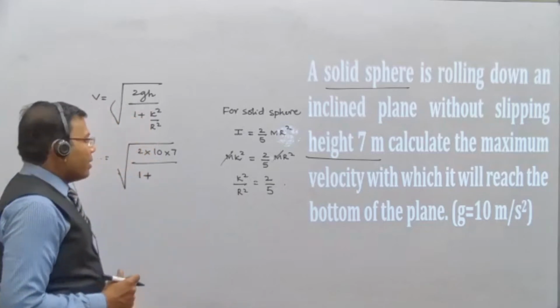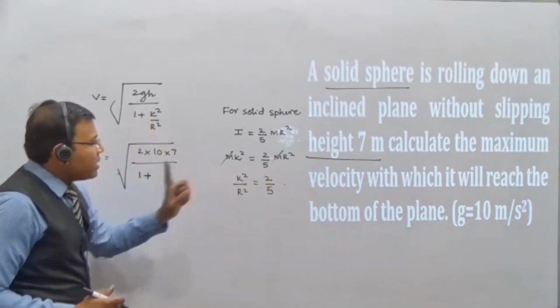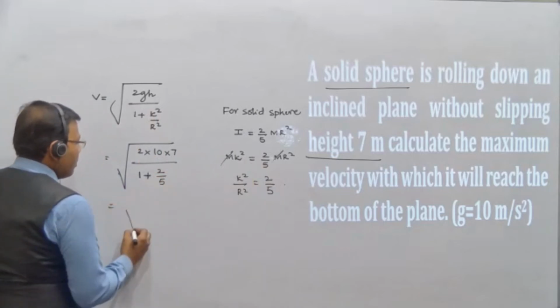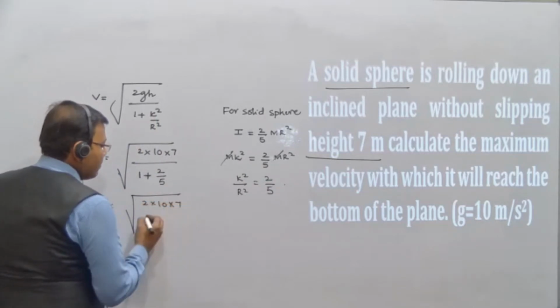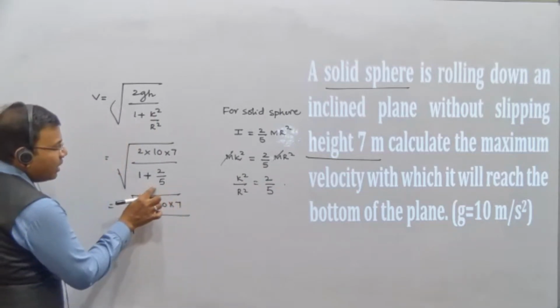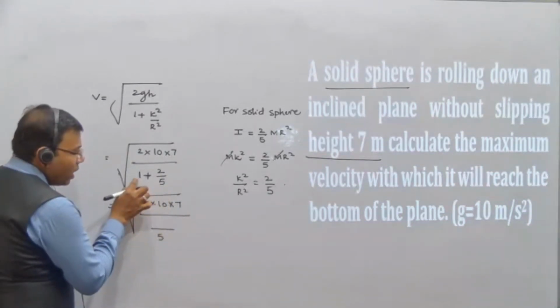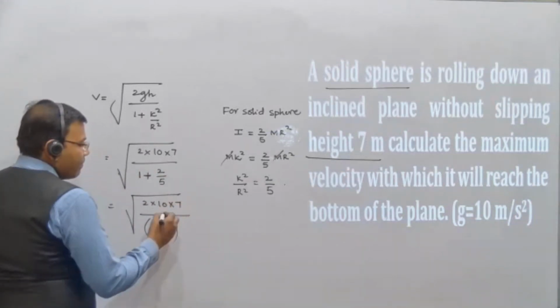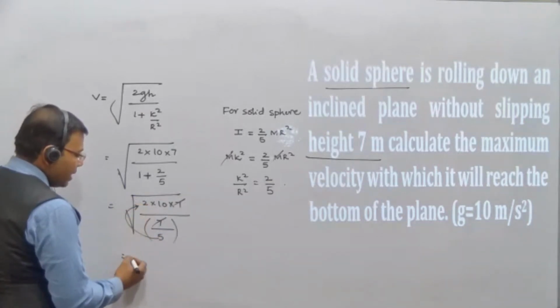Now let us put the value of k square by r square here. This is 2 into 10 into 7 divided by, taking the LCM, 5 into 1 plus 2, which is 7 by 5. Now this 7 and 7 get cancelled, and the 5 goes up and gets multiplied.